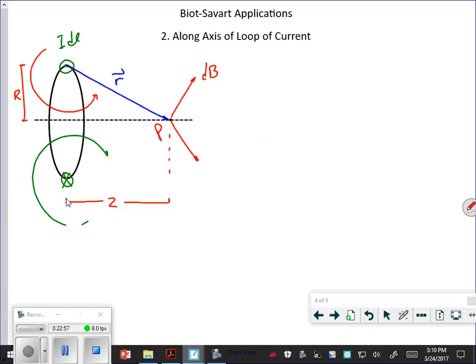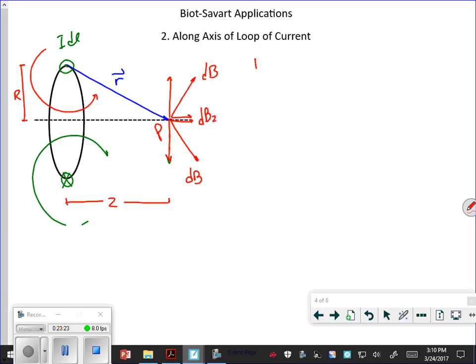What you notice is that symmetry says each of these dBs has a component this way that are equal and opposite. Each of these has a component this way that add up. These are each dBz's.